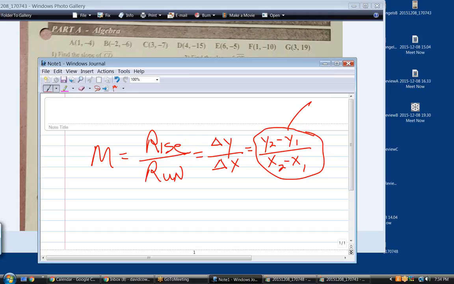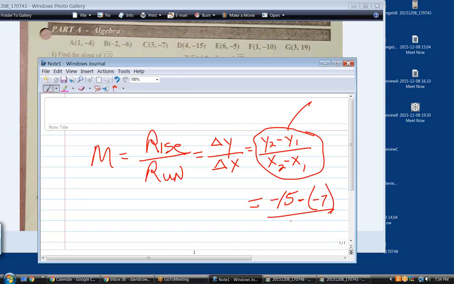Gotcha. What's y sub 2 between C and D? Negative 15. What's y sub 1? Negative 7. Okay, notice how I'm writing it. In other words, it's y sub 2 minus y sub 1.